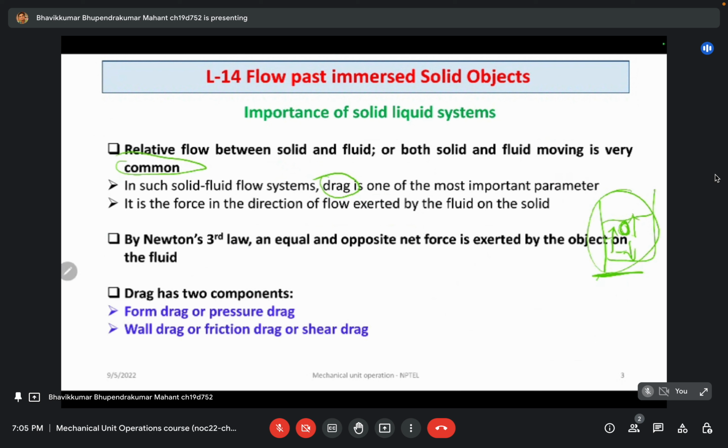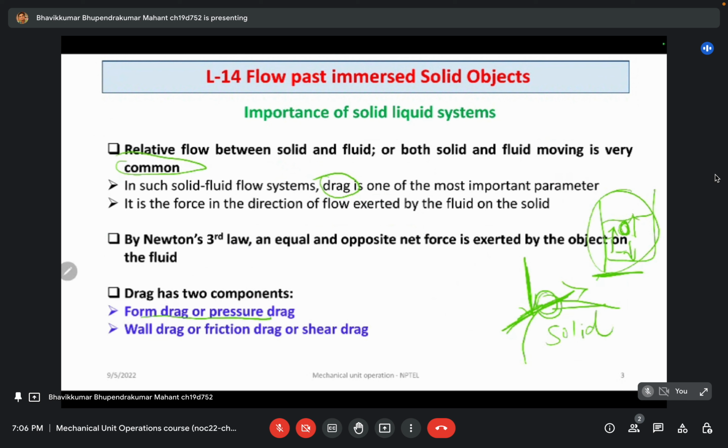So drag has two components, form drag or pressure drag. We may already know this. When drag force is acting on the surface, you can consider the pressure acting on it, and at the same time if it is acting on a solid particle surface, there may be wall drag or some friction, which is also responsible for drag.